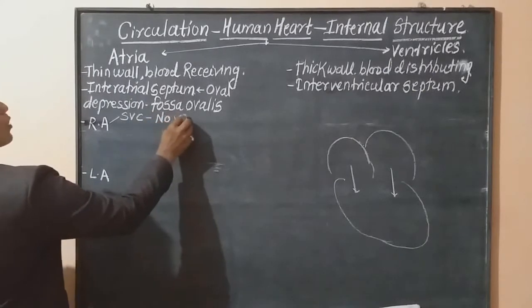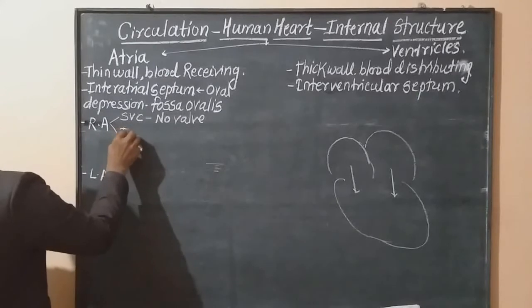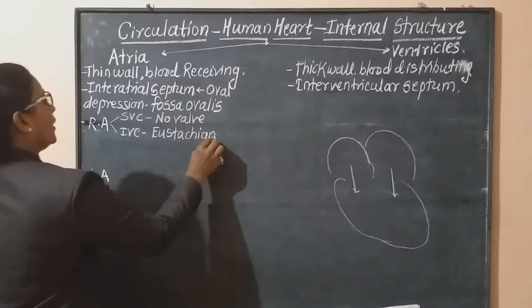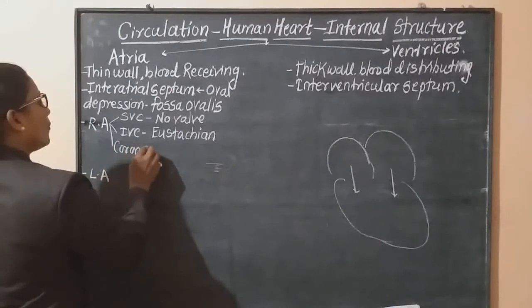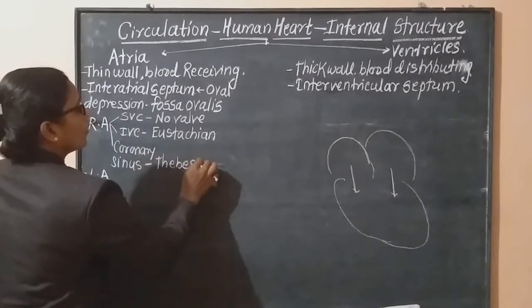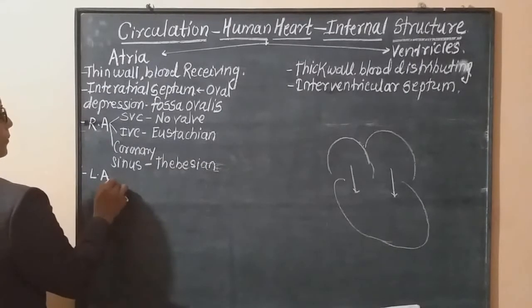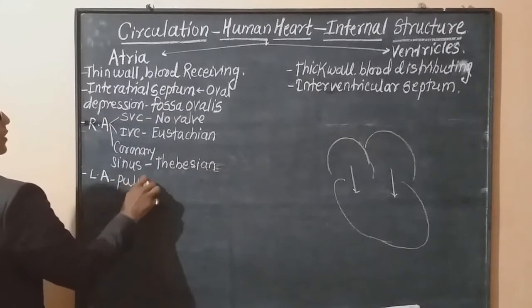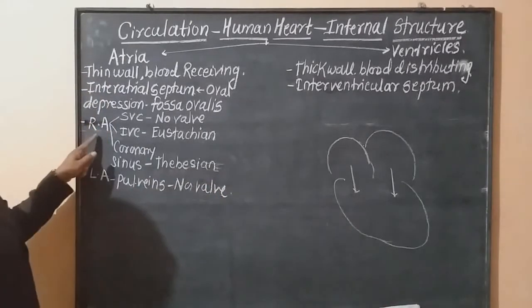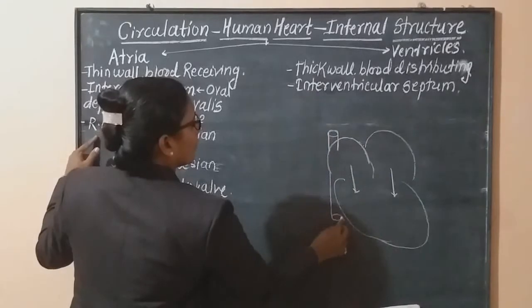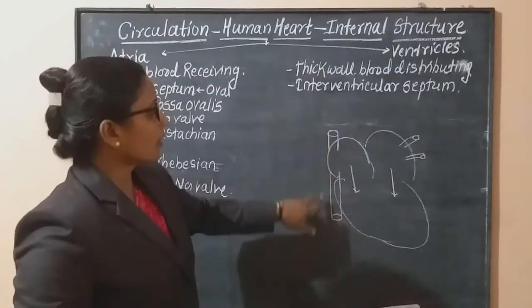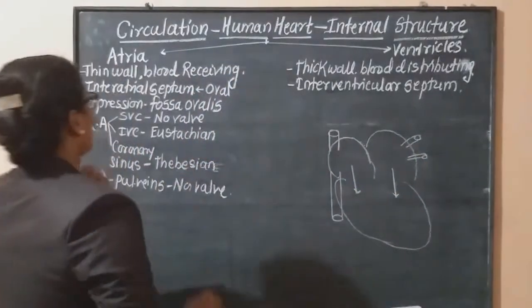Now in the right atrium, the first blood vessel is the superior vena cava.